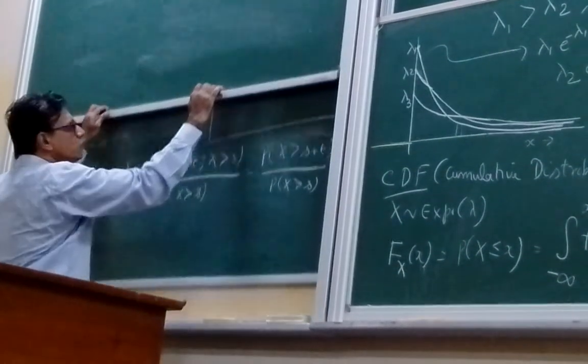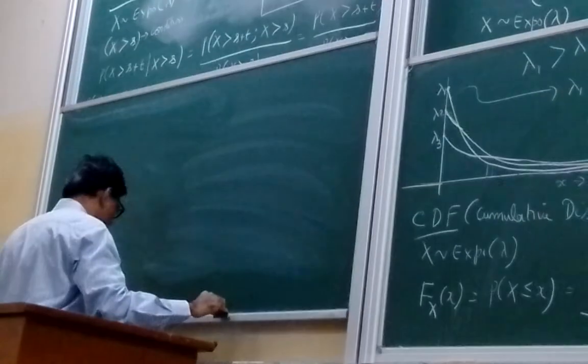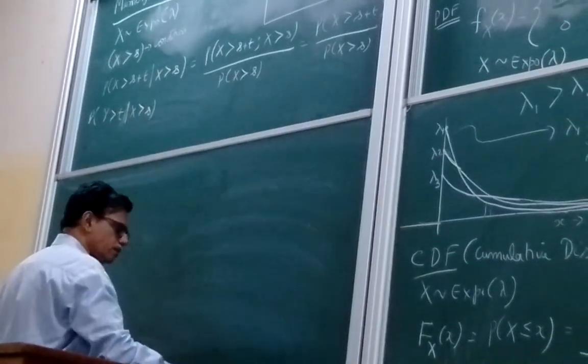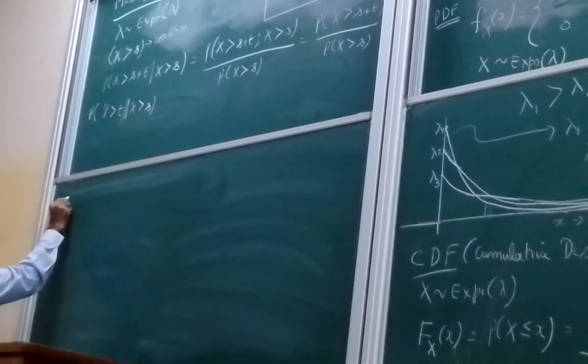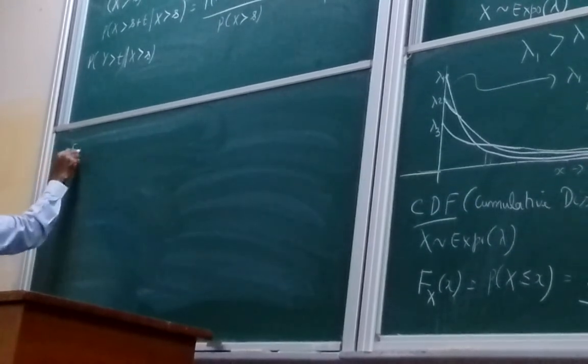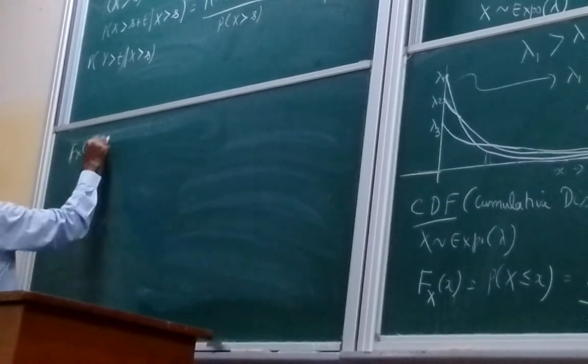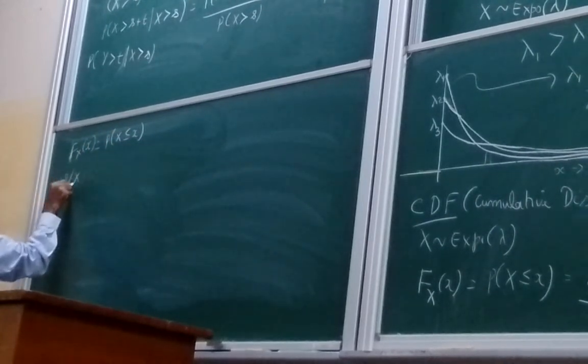This is very important and we will frequently use this formula, so we can as well give due respect to it. So F_X(x) is the probability that X is less than or equal to x, but we are looking for the probability that X is greater than x.